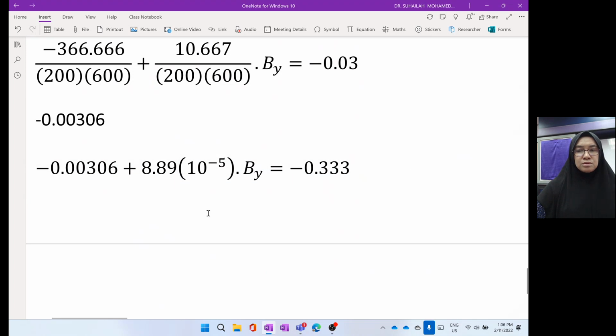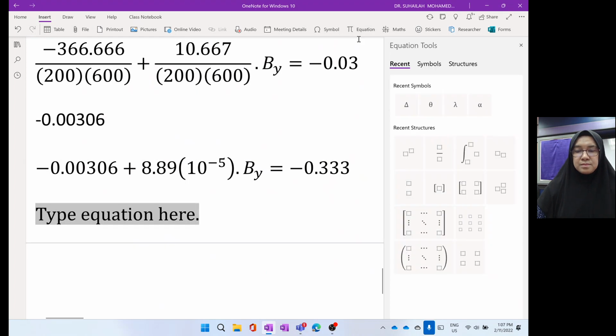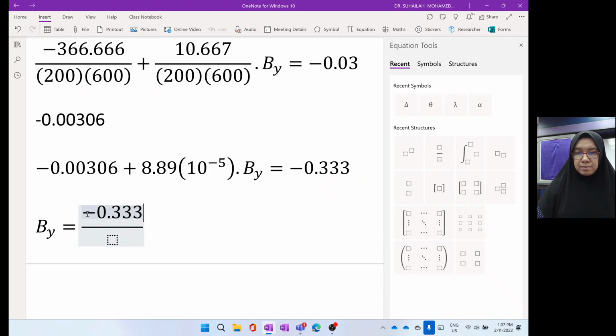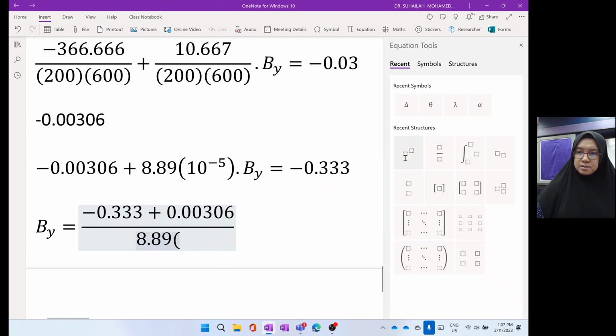Okay, now BY is equal to 0.00306 tambah divide by 8.89, 10 power negative.